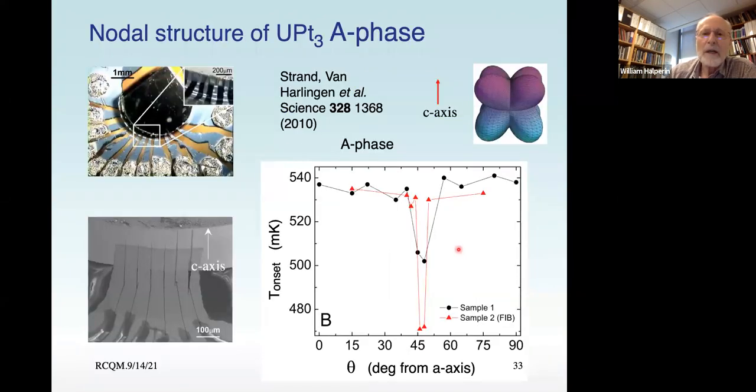And also, Joel Strand and Dale van Harlingen did these very nice directional tunneling experiments. You can see our crystal here is black, but they've affixed electrodes around the periphery. And here, another crystal with much more closely spaced electrodes prepared by FIB. And then they measured the onset of the critical current.